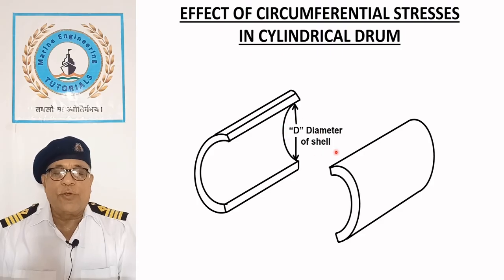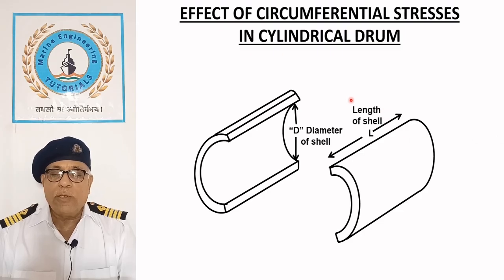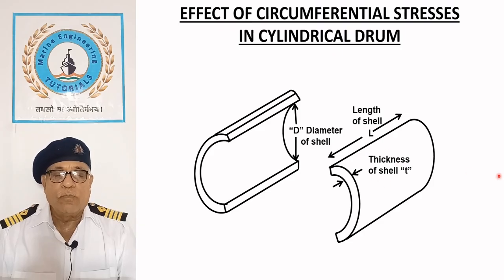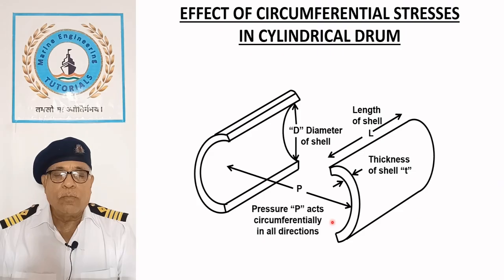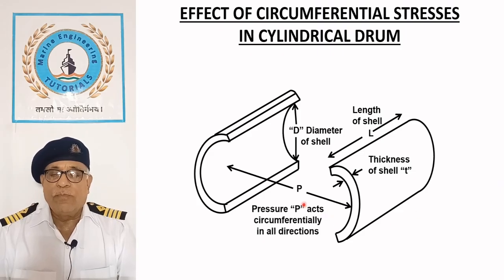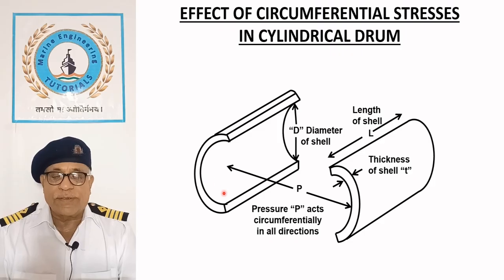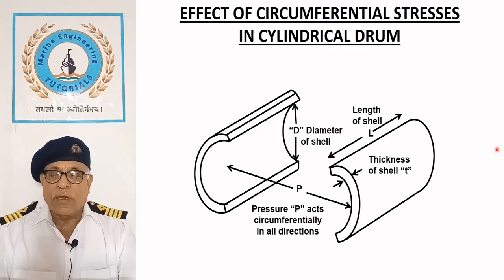Internal diameter of the drum, D. Length of the cylindrical drum, L. Thickness of the drum, T. The steam pressure inside the drum, P, exerts a uniform force on the inner surface. This sets up circumferential stresses in the boiler drum.